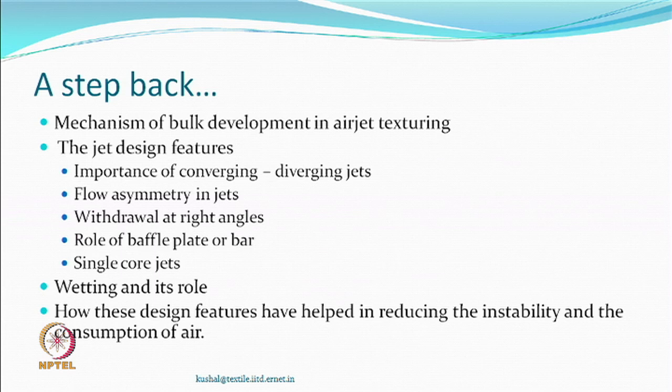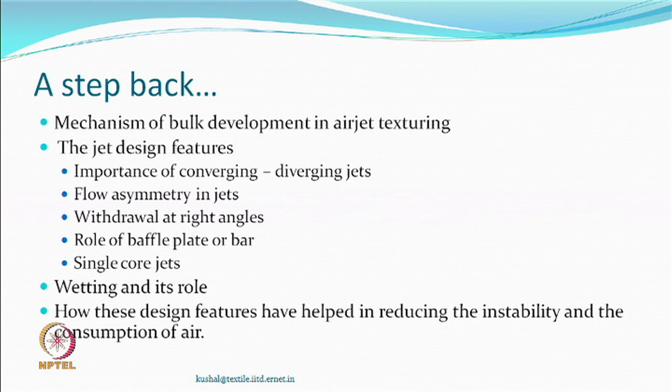So, if you look back, what we have done is we have understood the mechanism of bulk development in air jet texturing, the design of the jet, the features, for example, converging, diverging type of jets, flow asymmetry, withdrawing the yarn at right angles, role of a baffle plate or bar, and also single core jets.